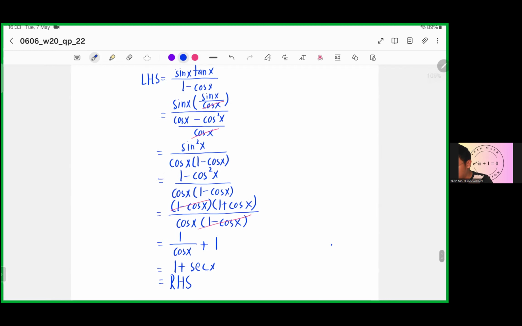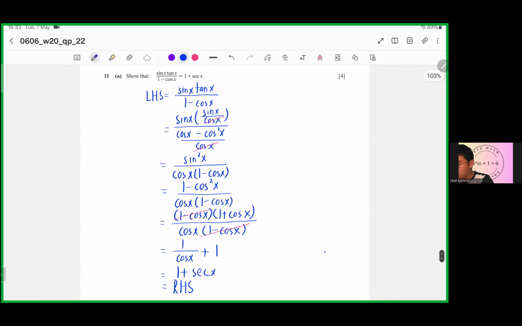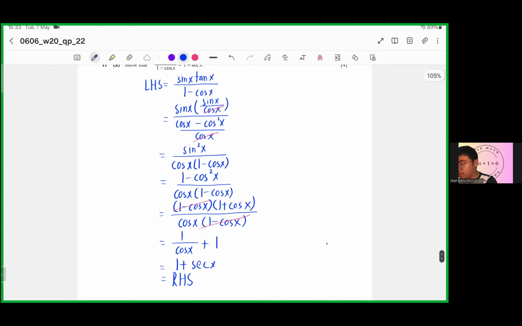I hope you can understand this part. First you need to separate, changing tangent to this way. After that, for the 1 minus cos part, make sure the denominator changes from 1 to cos. Then we cancel cos and you will get this.